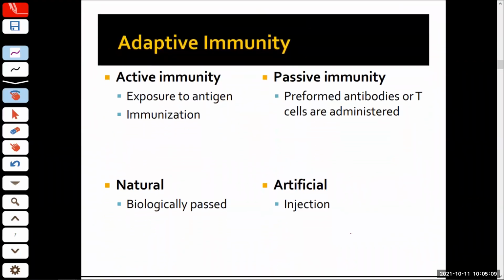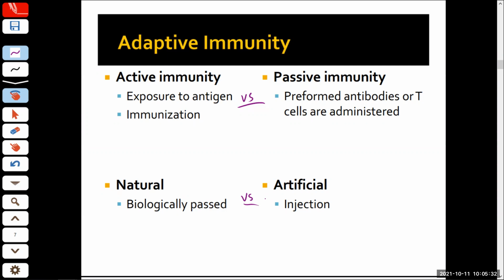When it comes to the third line of defense, there are different types of immunity. How it works is you have active versus passive and natural versus artificial. I'll show you how we use these, but just a little definition work. With active immunity, you actually get exposed to the real deal.